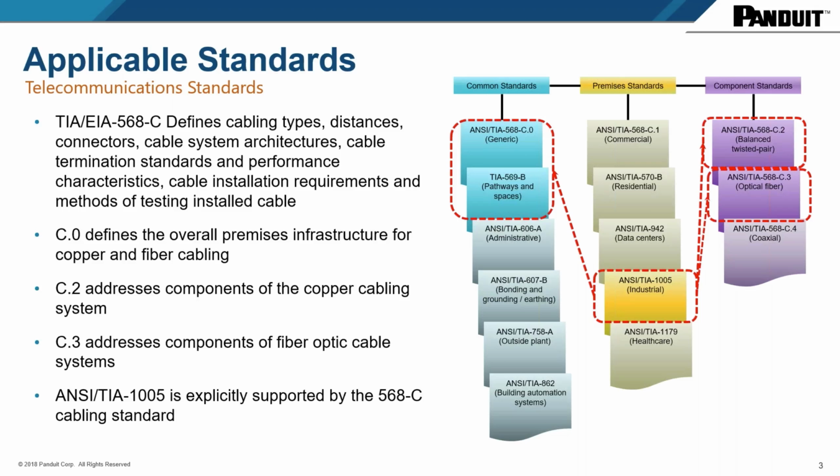So when we start looking at the different sections of that standard, you need to be made aware of all the different segments of it and how it applies. TIA 1005 and 1005A is specifically the portion of the premises standards that we will be discussing at great length today.